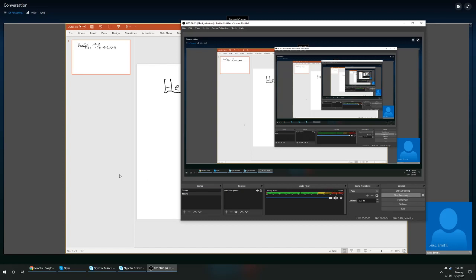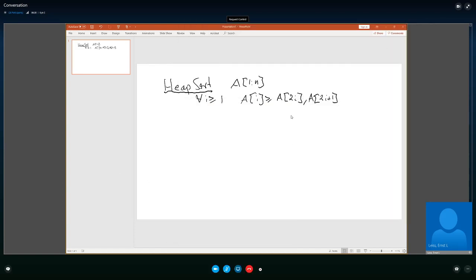Relationship between the heap that is at hand and a tree that corresponds to that heap.